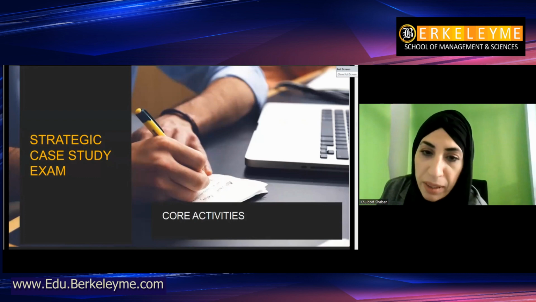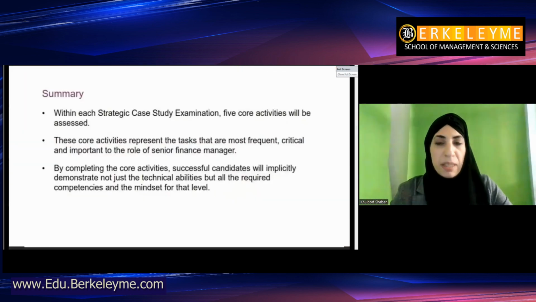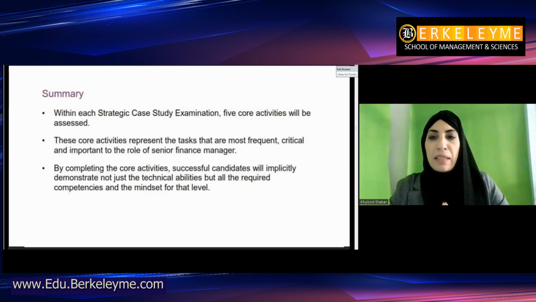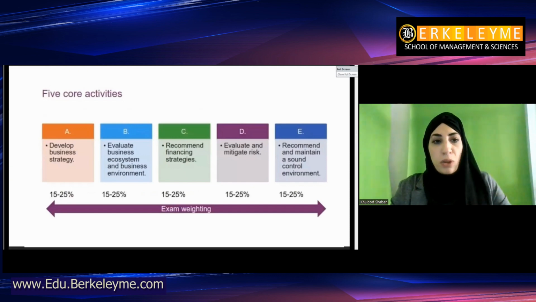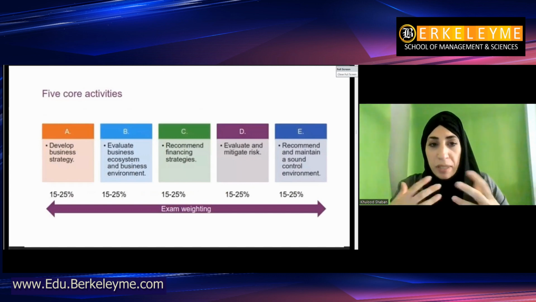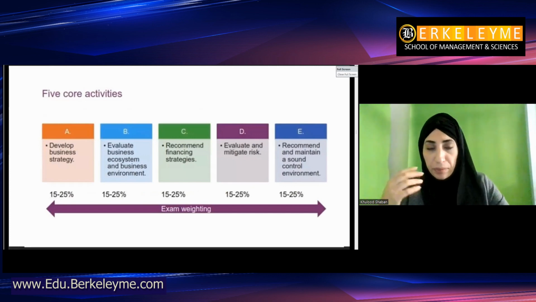Now, the core activities. What are the core activities? What's the meaning of the core activities? These are 5 core activities that you will be tested equally for. These are the core activities: how to develop a business strategy, how to evaluate business ecosystem and business environment, recommend financing strategy, evaluate and mitigate risk, and recommend and maintain a sound control environment.